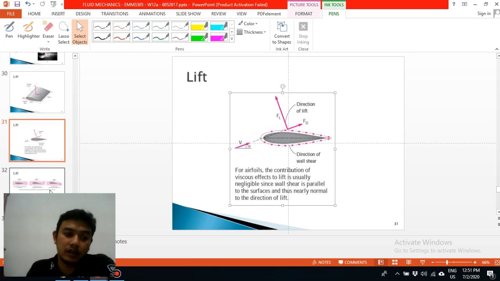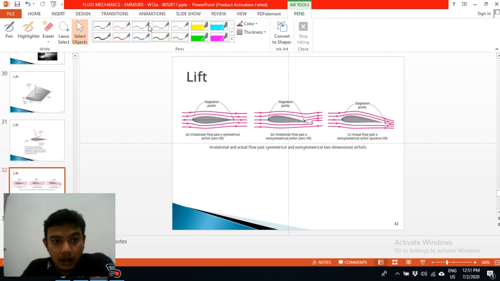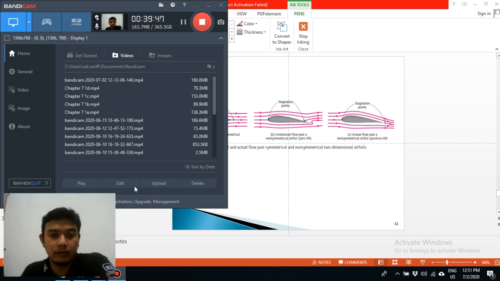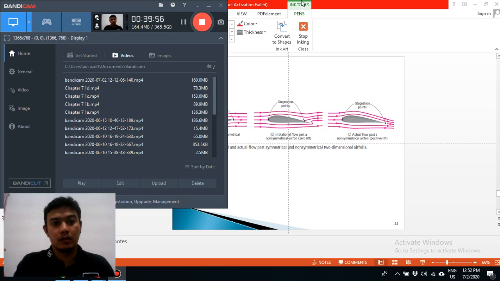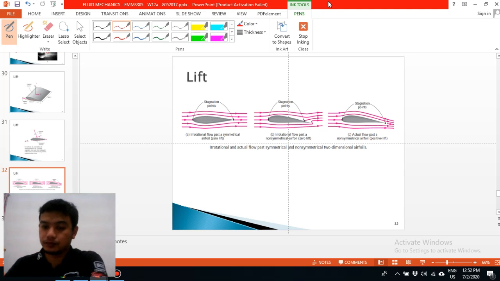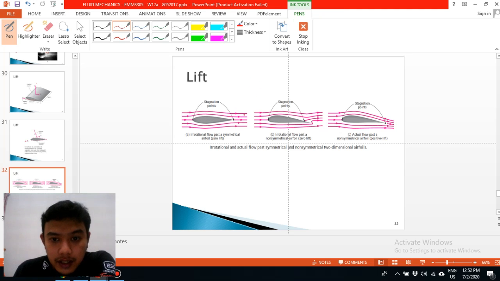Okay, this figure shows the three concepts of wing. Here we can see there are three types of wing.